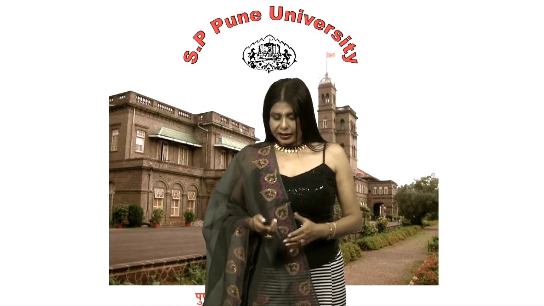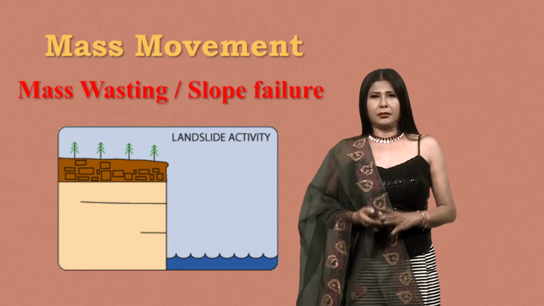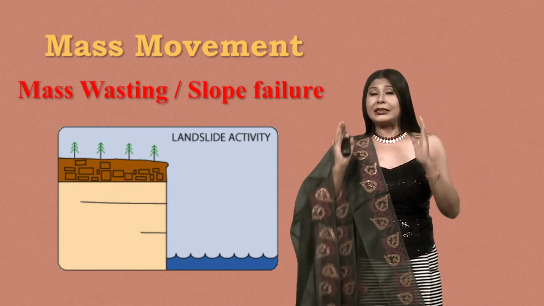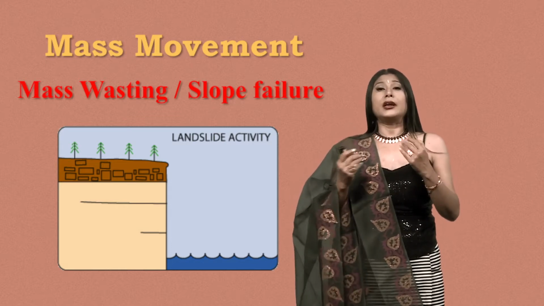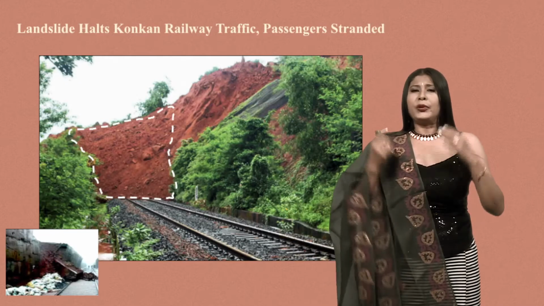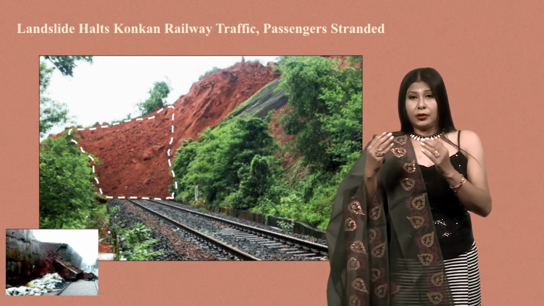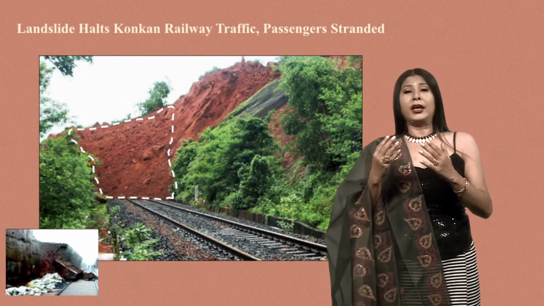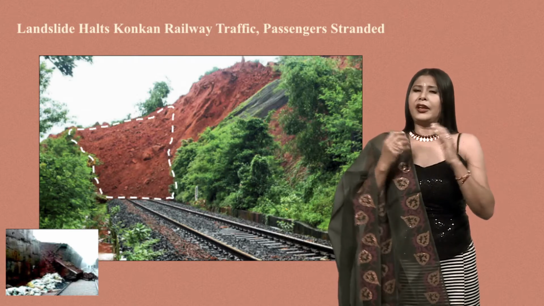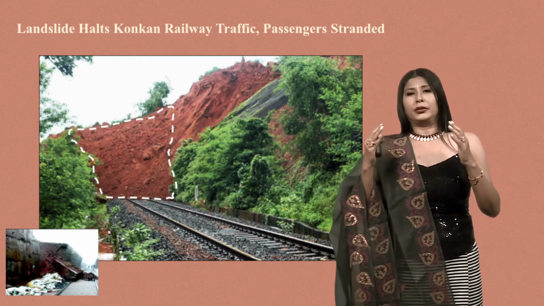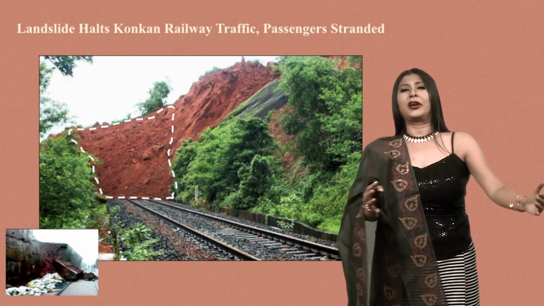So now let us begin with the topic mass movement. It is also called mass wasting. Sometimes we even call it slow failure. When we travel along the ghats or alongside the road, by railway or by bus or car, it's a very common scenario that we see a lump of rock or soil falling in front of us.